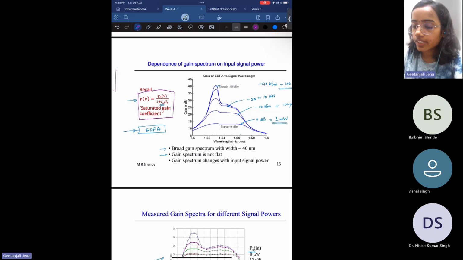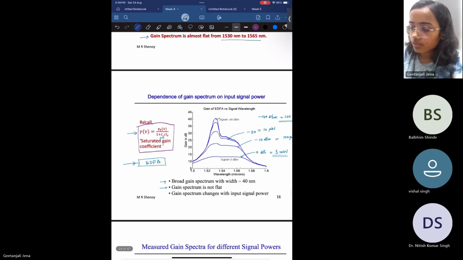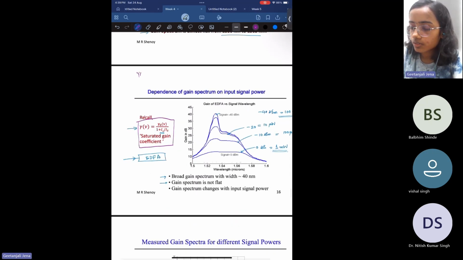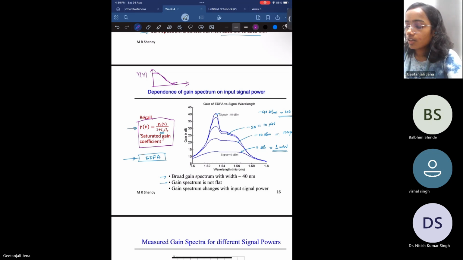Initially we've seen a plot like this, right? Okay, let me draw it again. So initially we had gamma nu varying like this. For minimum intensity, it remains constant. Then after some intensity, it will decrease.